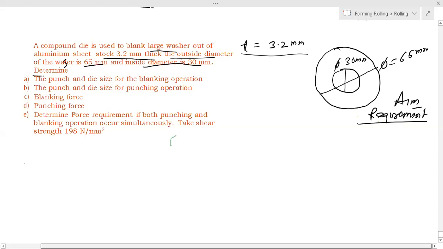We have to determine the punch and die size first.